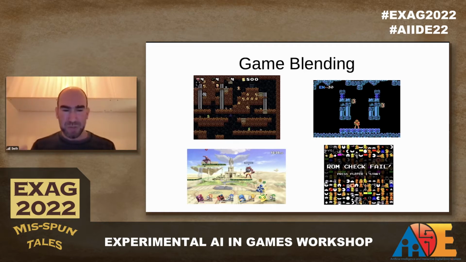Super Smash Brothers, of course, is a combination of lots of different games and characters and items and that kind of thing. And then there are games like ROM Check Fail, I think, which also takes a bunch of characters and levels and things from different games and puts them all together in weird combinations to see what comes out of it.